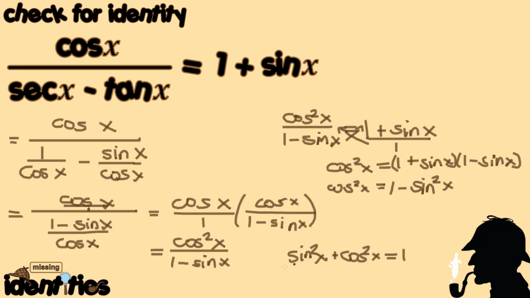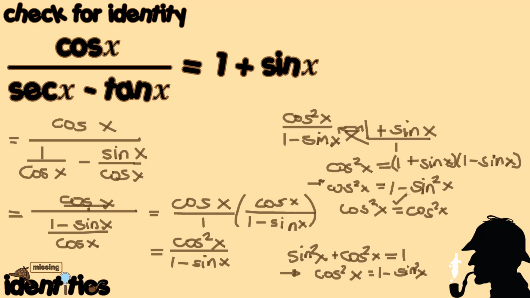Now, if we subtract sine squared x from both sides, we'll have cosine squared x is equal to 1 minus sine squared x. Look at this identity here. This is the same as this. Or, 1 minus sine squared x is just cosine squared x. So you will arrive at this equality: cosine squared x is equal to cosine squared x.